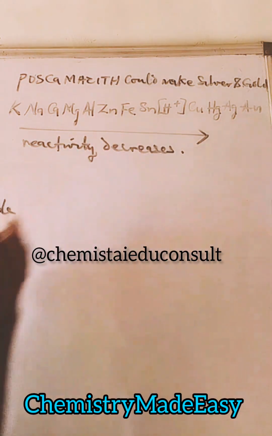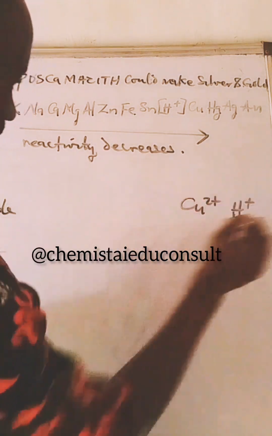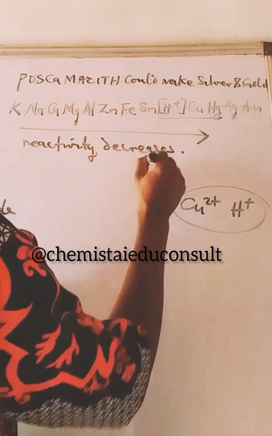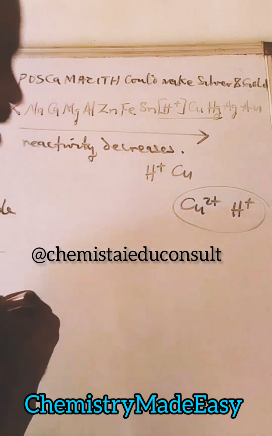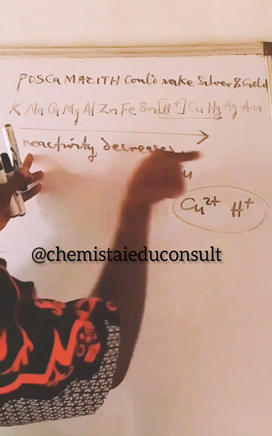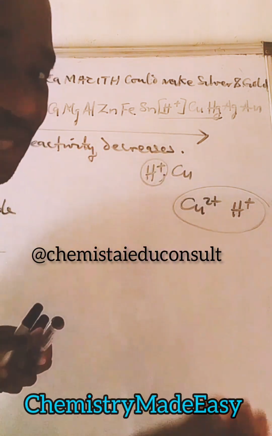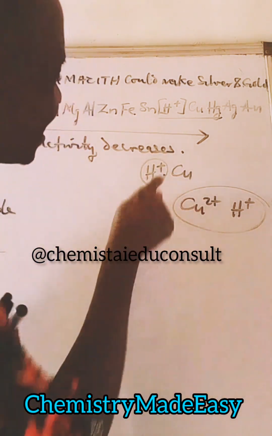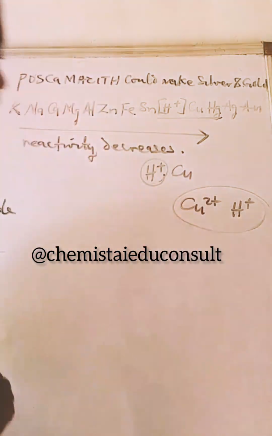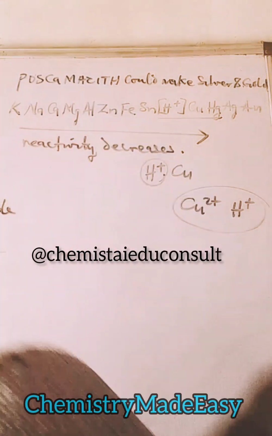That is why we are comparing copper 2 ion with hydrogen ion, right? Here, what we have is hydrogen ion and copper as an atom. Now, according to this series, we say reactivity decreases. It means that hydrogen ion should be preferred if what is inside the electrolytic tank is copper atoms. Now, let us now change the whole of this to ions.